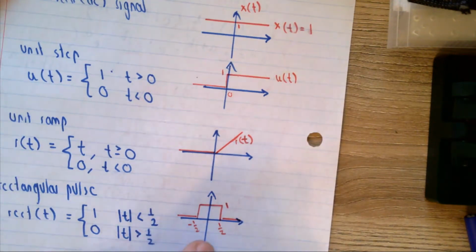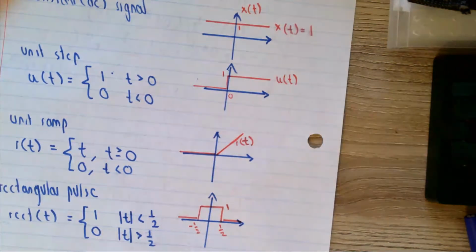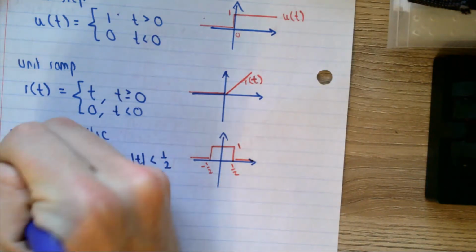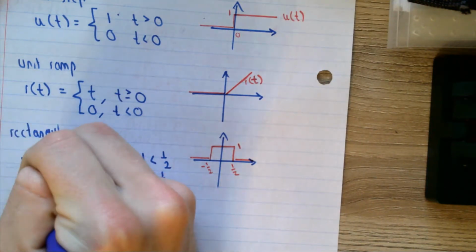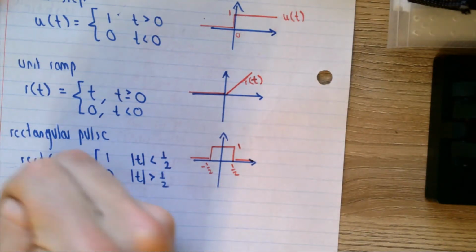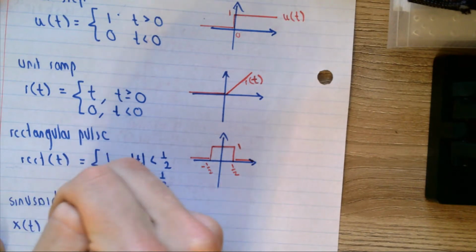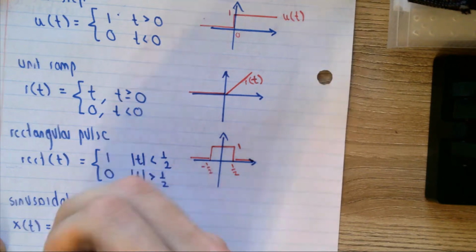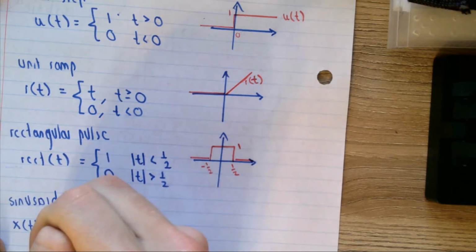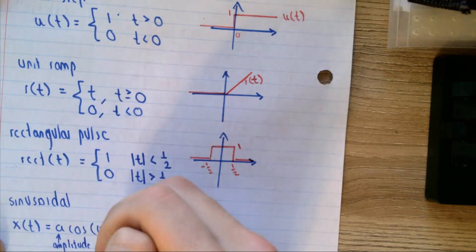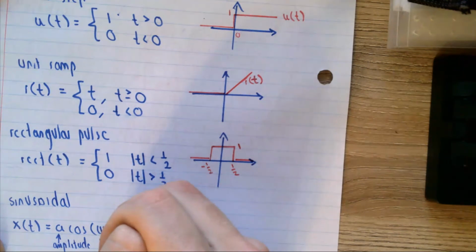Okay, now that we talked about the rectangular, we have two more, which is the sinusoidal, which is basically x of t is equal to A cosine of omega t plus the phase angle. Here, A is the amplitude, we have the angular frequency, and then we have the phase angle theta.